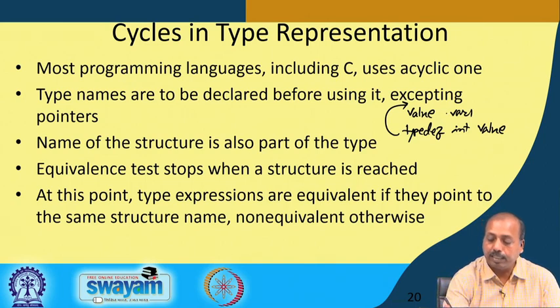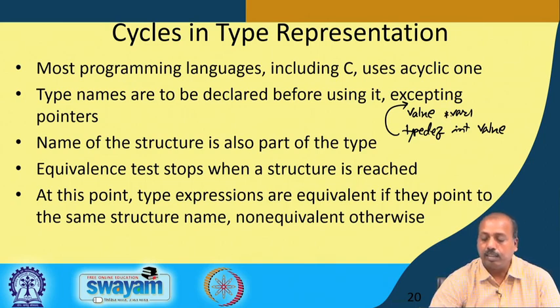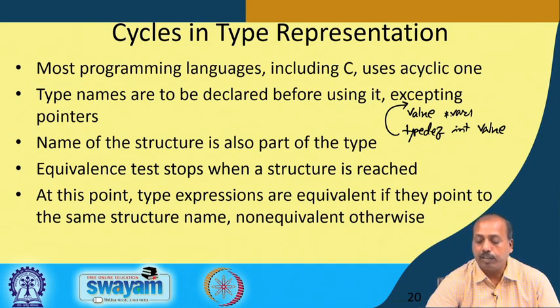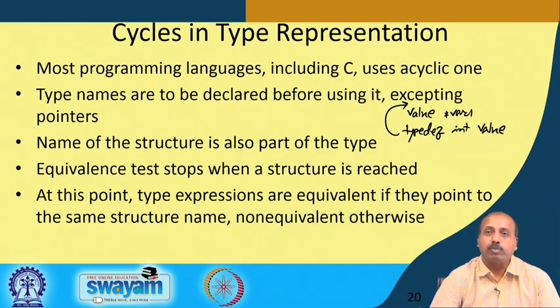It may so happen that you say value star var1. So, var1 is a variable of type pointer to type value. Since this is a pointer ultimately, and a pointer is a memory address, it is possible to allocate space for var1. So, this is allowed in the language.